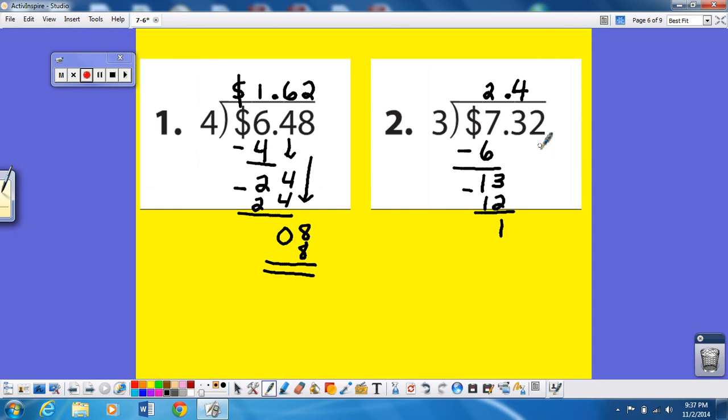Subtract, bring down. 3 goes into 12 4 times. 4 times 3 is 12. It zeroed out, which means I can stop. It's terminating. So $7.32 divided by 3 would be $2.44.